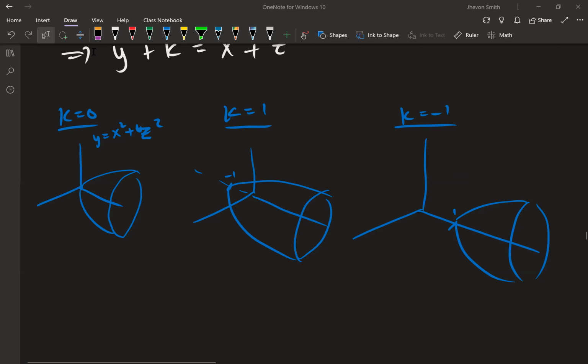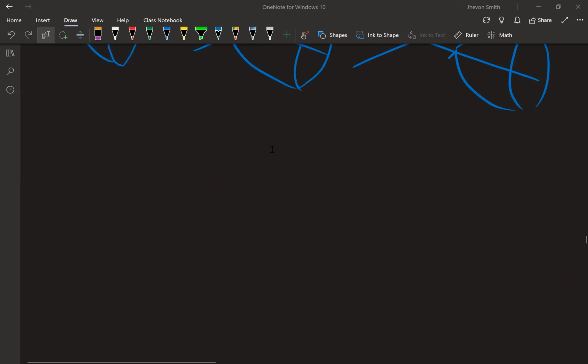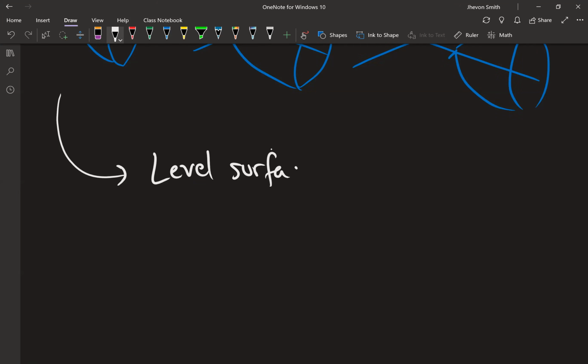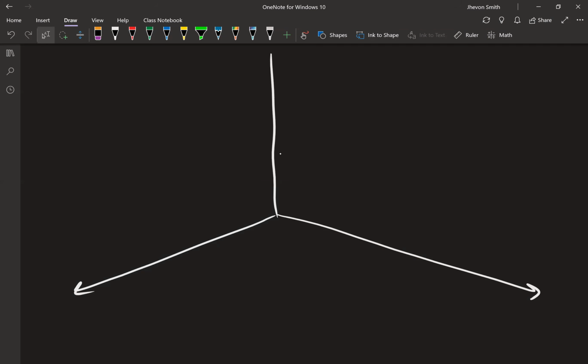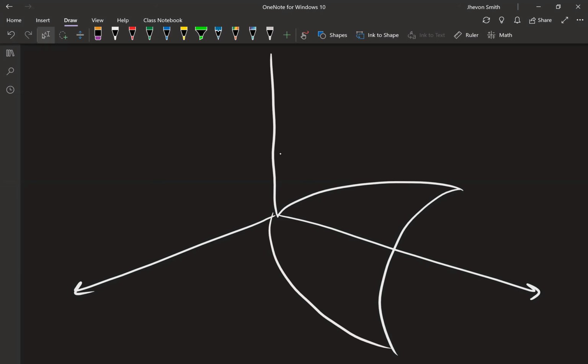And so I can look at the level curves of this creature, whatever it looks like in 4D, no one has a clue, but the level surfaces would look like a bunch of concentric paraboloids. It's a paraboloid inside a paraboloid inside a paraboloid.